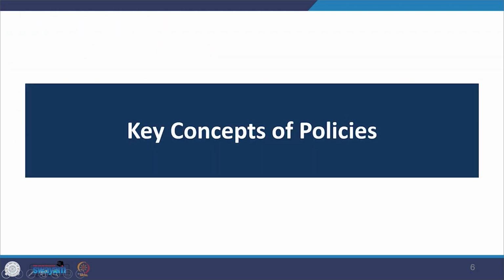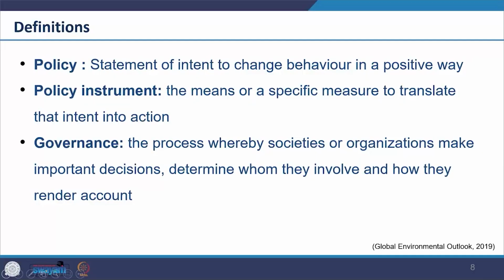Moving on to the key concepts of policies. Policies play an important role in creating and improving the state of our environment. How our environment is determined by policy, and how we can improve it, is also guided a lot by policies. Policy as such is a statement of intent to change behavior in a positive way.